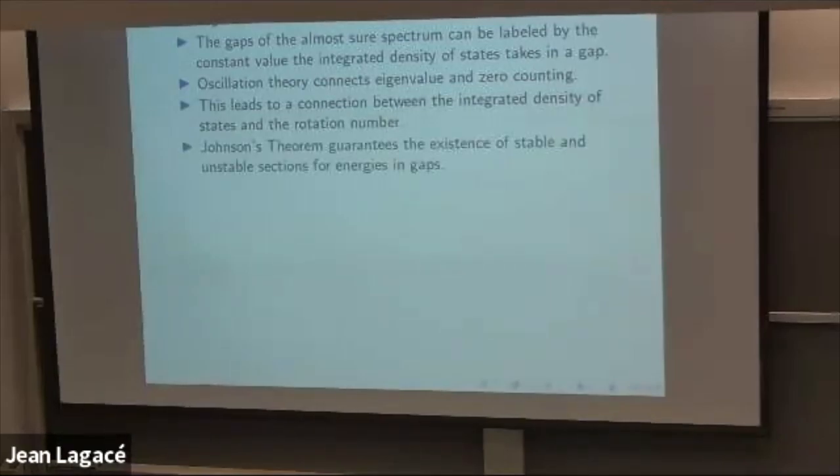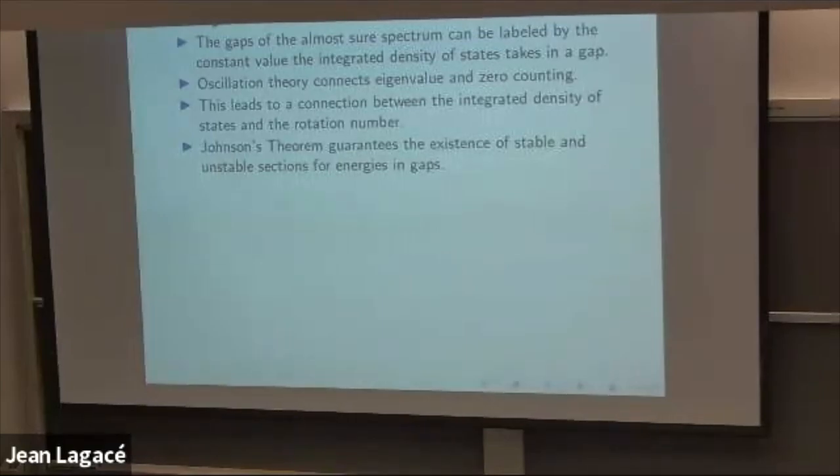Okay, so now that you're really thinking about the rotation number, the key question comes up again, right? So the key question that prompted this picture was, what is special about energies and gaps? And I said here, well, you can alter a characteristic function that is discontinuous to a continuous function. That's special about energies and gaps.